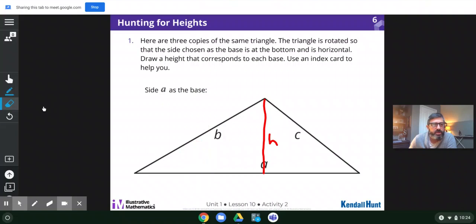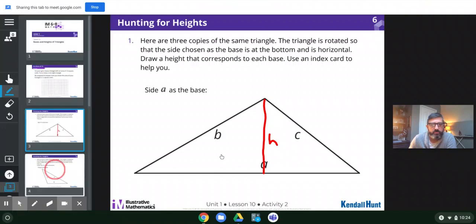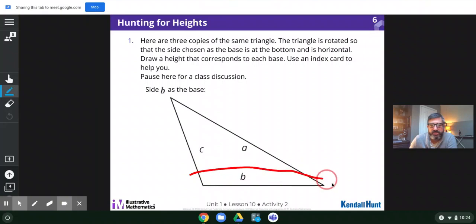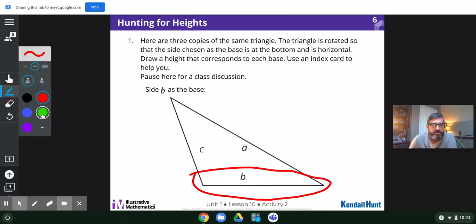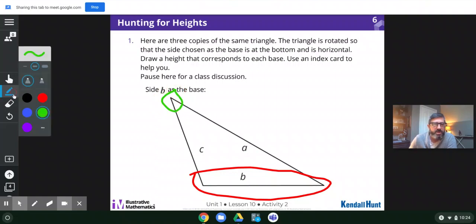So let's go to our next triangle. Here, our base is going to be B. So that makes our opposite vertex, or the opposite corner, right here. Remember what I just said about sometimes the vertex not falling directly above the base?